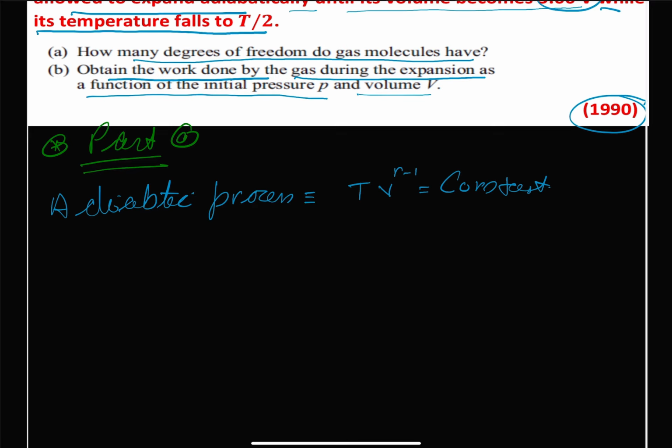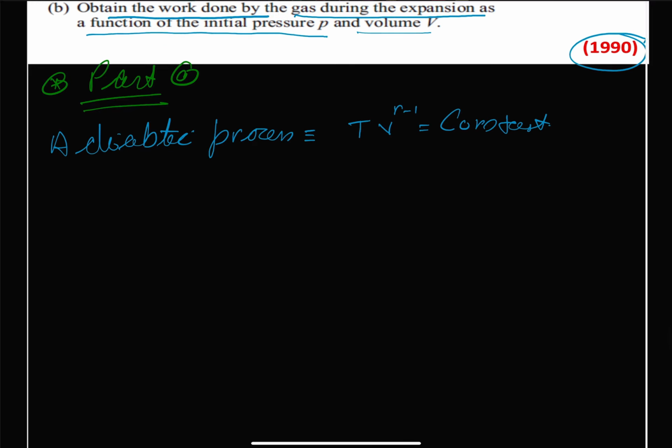And we know that this adiabatic index, that is gamma, is the ratio of the molar heat at constant pressure and the molar heat at constant volume. And between the two, we also know the relationship that the molar heat at constant pressure is equal to the molar heat at constant volume plus R. So we can also write that gamma is equal to 1 plus R divided by the molar heat at constant volume.